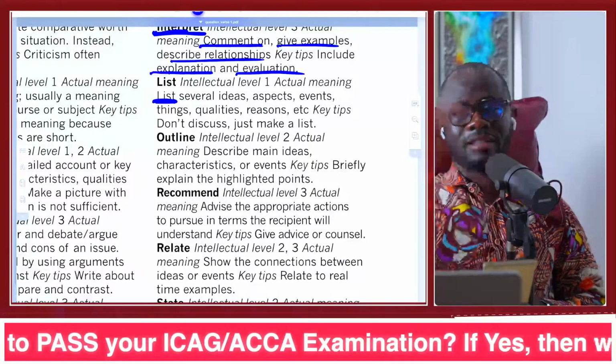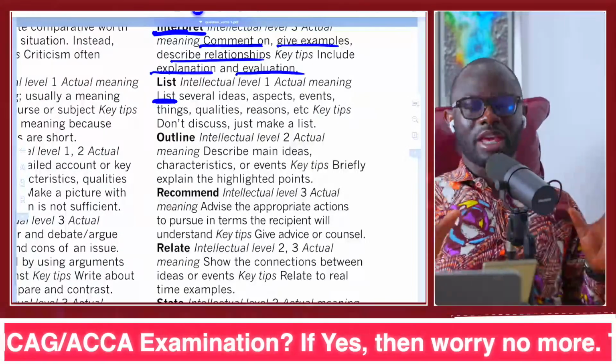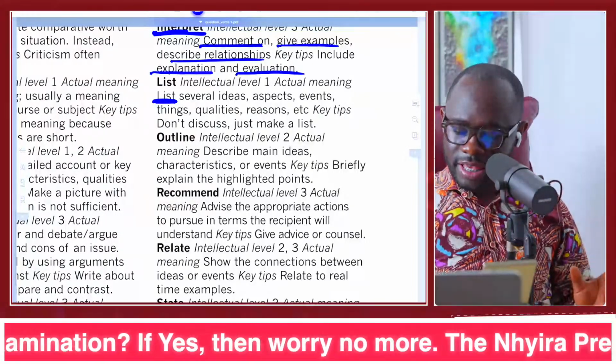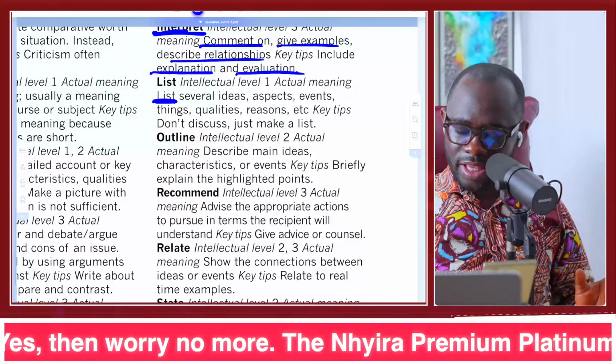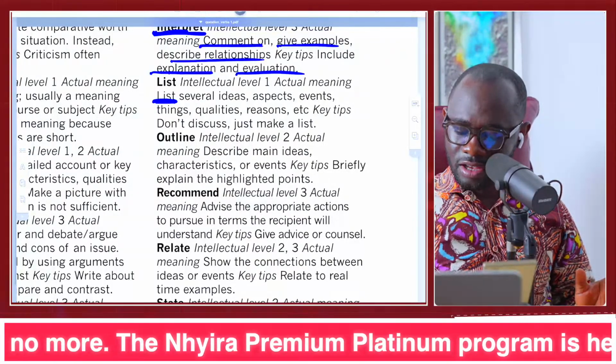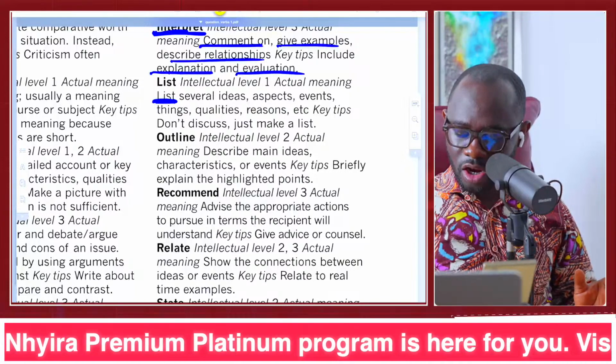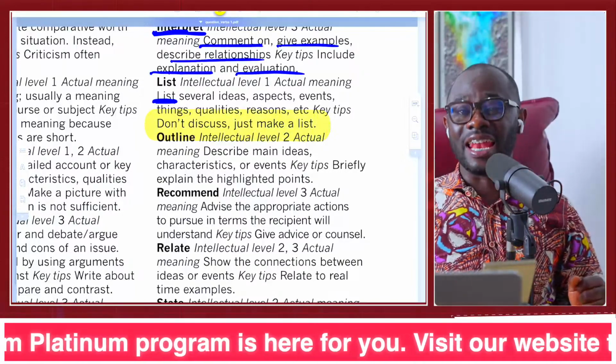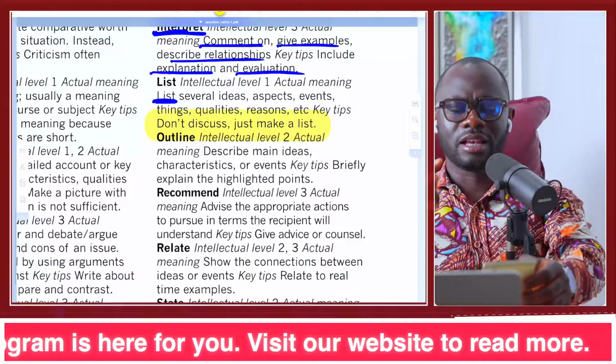List. That's your word. But you got to be careful, because here, all you are doing is to list the several ideas. Here you are not discussing, just make a list. But this is something you must understand.